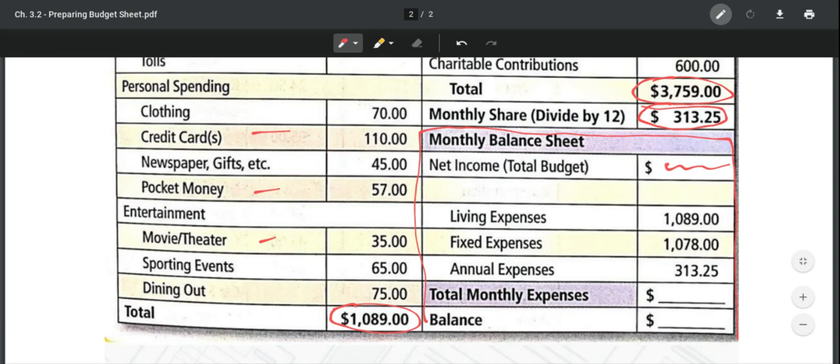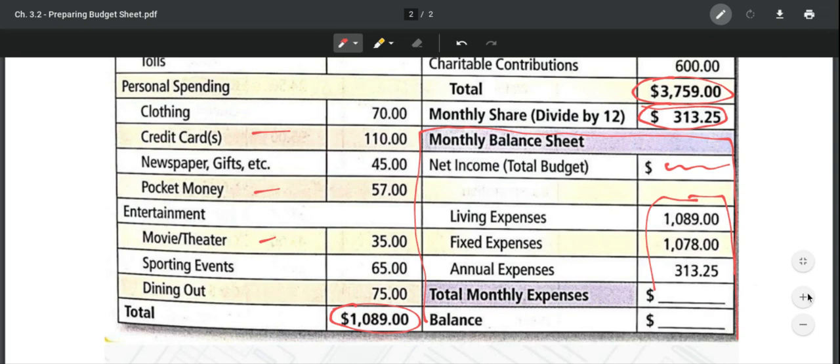Once you know that amount and you've taken taxes out of it, that's how much you're going to subtract your total monthly expenses from. All of these are the totals that we found per month. So if we add all of those up, 1,089 plus 1,078 plus 313.25.